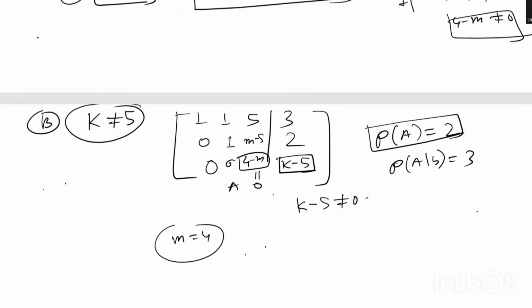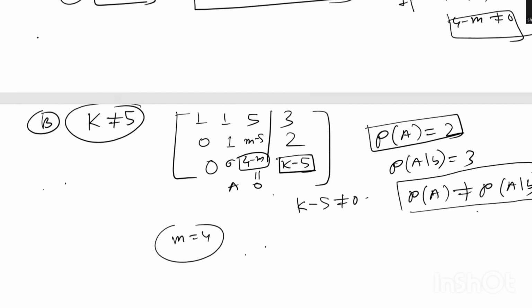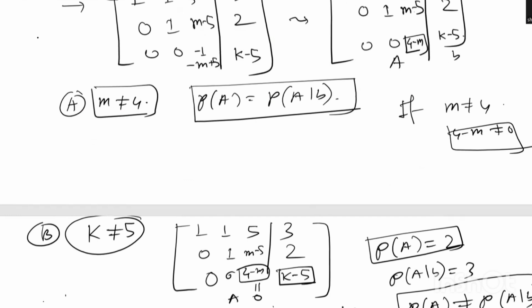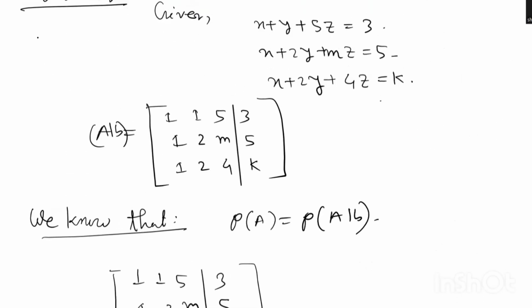So the rank of A is not equal to the rank of the augmented matrix, which implies the system has no solution, so it is inconsistent. So option B is not true.